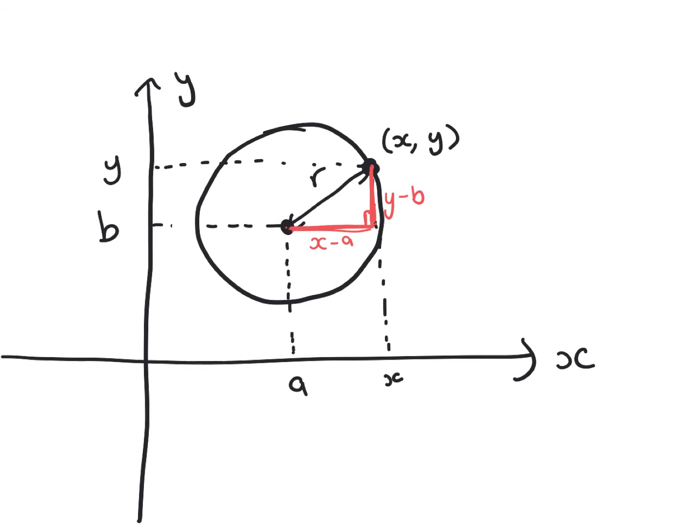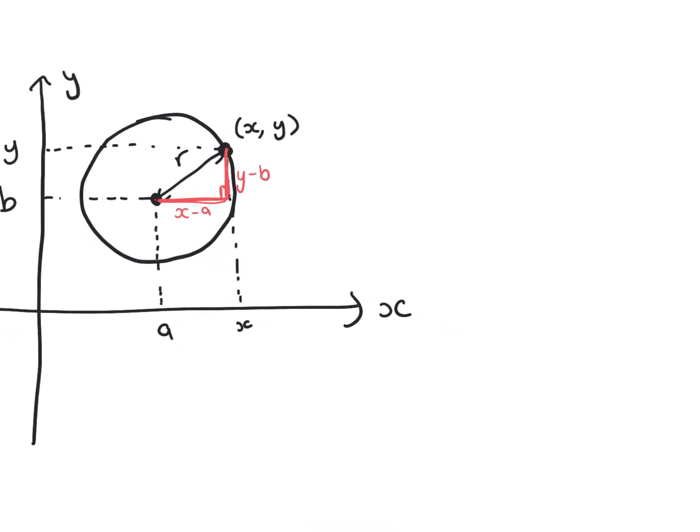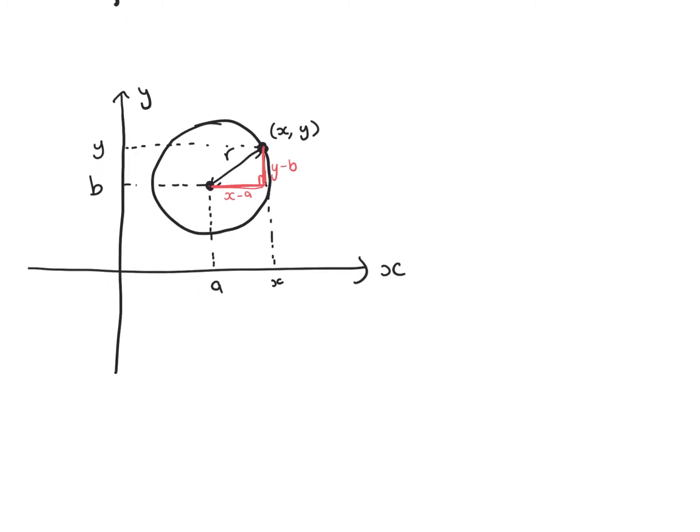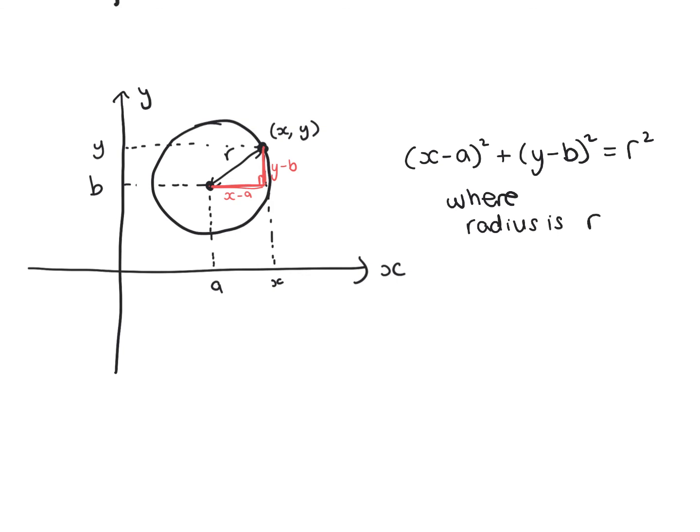And this time, using Pythagoras, that gives me the general equation of any circle: x minus a squared plus y minus b squared equals r squared, where the radius is r and the centre of the circle is at the coordinates a, b.